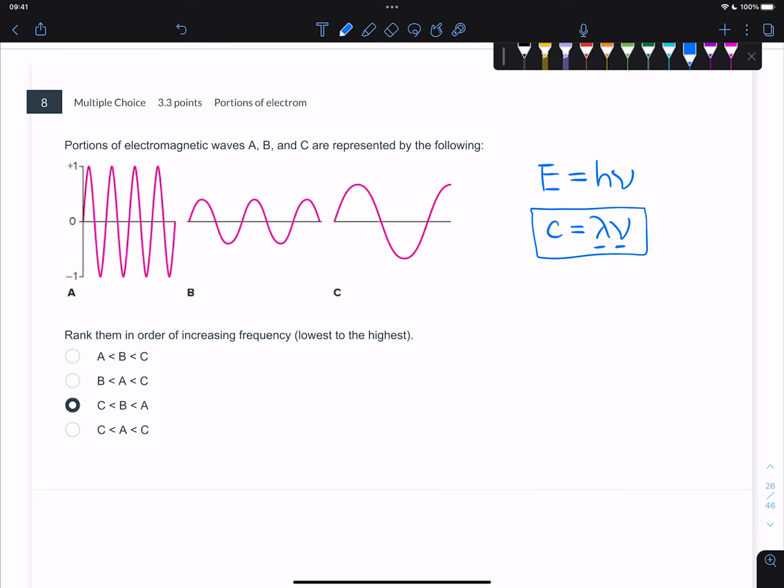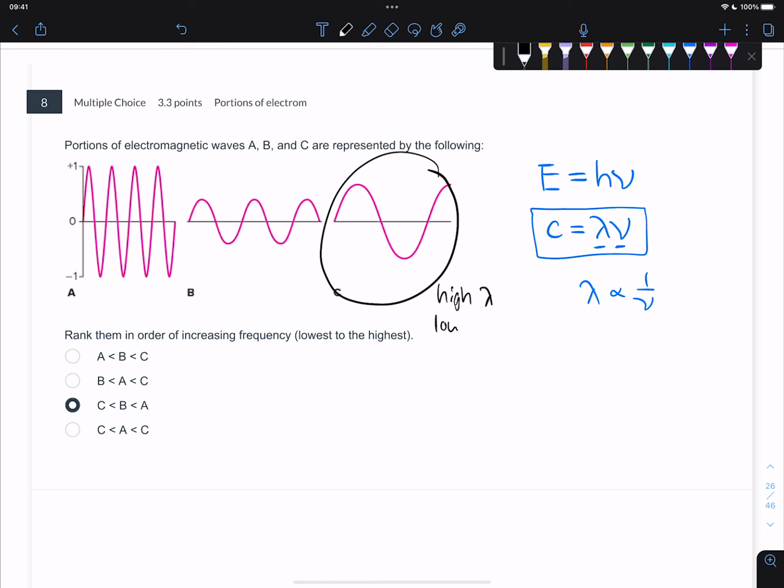Now remember, these are inversely proportional. So wavelength is inversely proportional to frequency, which means that when one goes up, the other one goes down. Or when one is large, the other one is small, relatively. So let's kind of look through these. C has a large wavelength. You can say it has a high wavelength. And because it has a high wavelength, it has a low frequency.